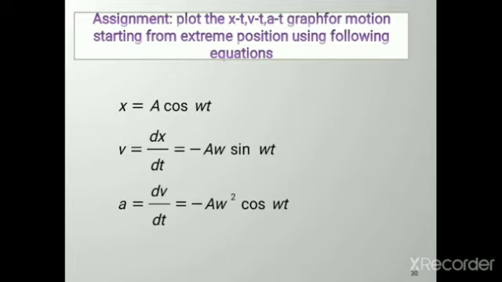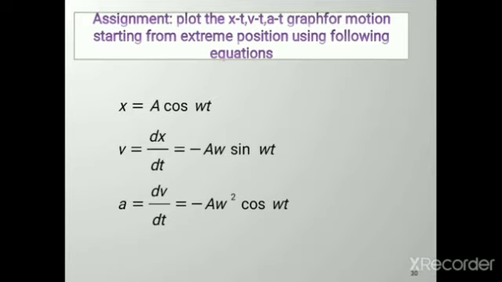Here is an assignment for you. Plot the graph of displacement versus t, velocity versus t, and acceleration versus t for a motion of a particle which is starting from the extreme position. There is a hint given to you. You can use the following equations: x is equal to a cos omega t, v is equal to minus a omega sin omega t, and a is equal to minus a omega square cos omega t.